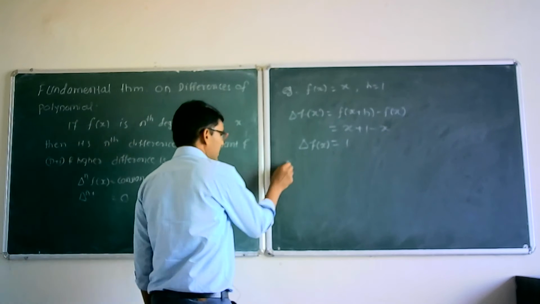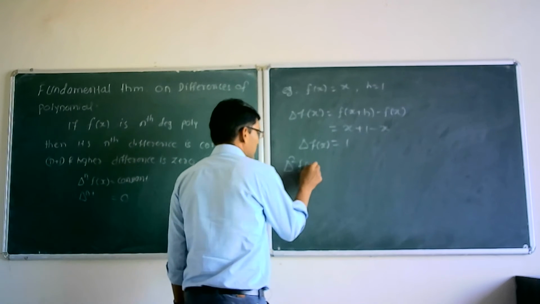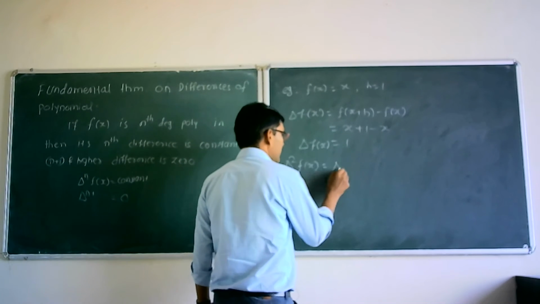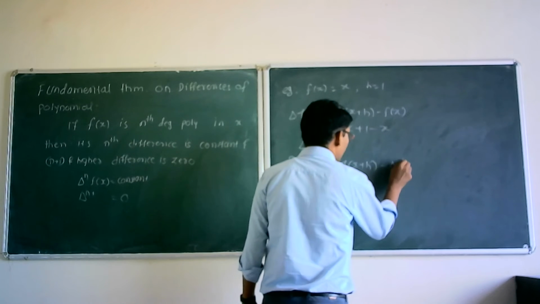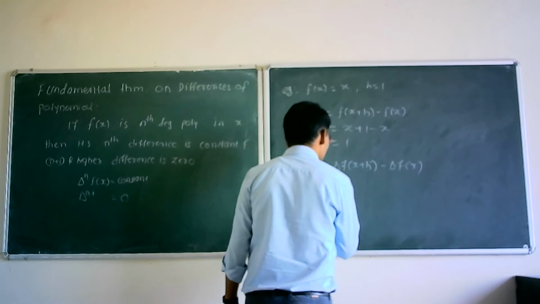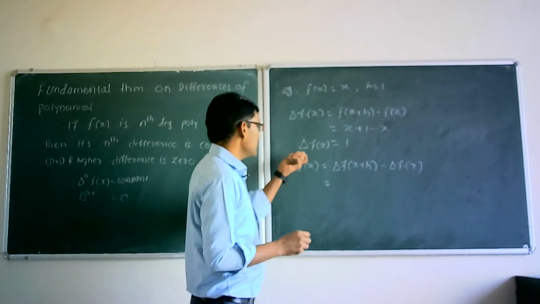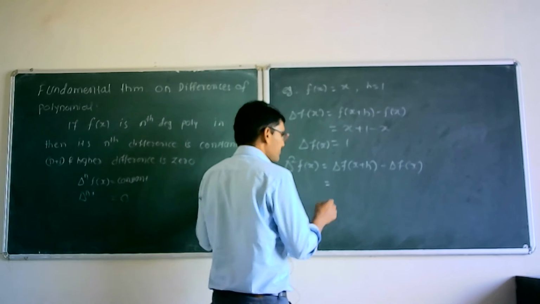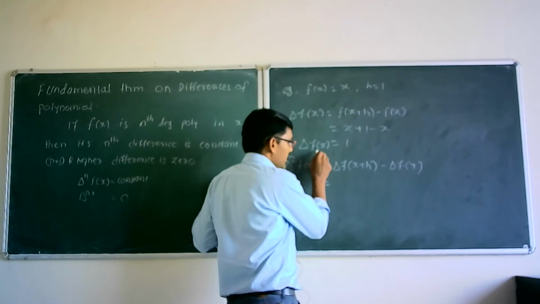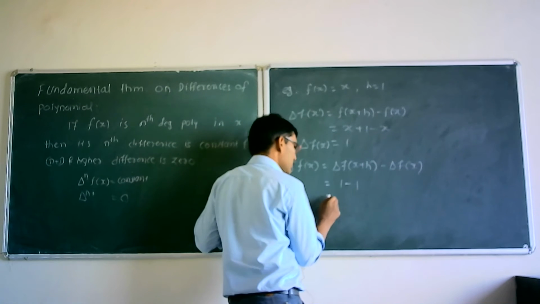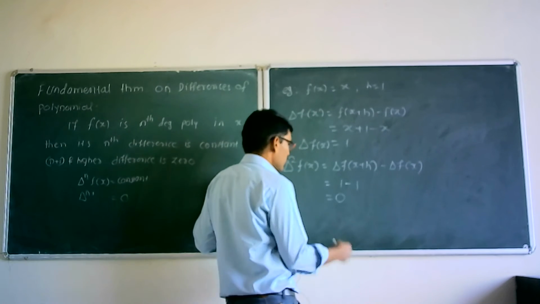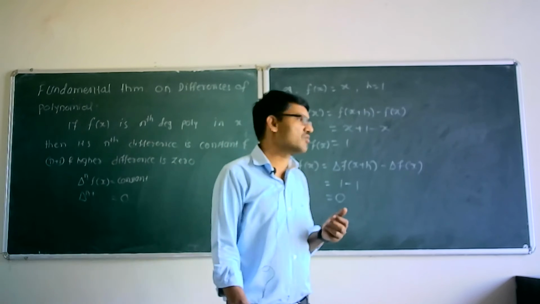Delta square f of x is equal to delta f of x plus h minus delta f of x. Delta f of x plus h is 1, minus delta f of x which is also 1, so it is equal to 0. Delta cube f of x is equal to 0.